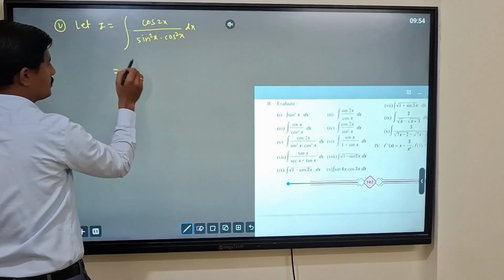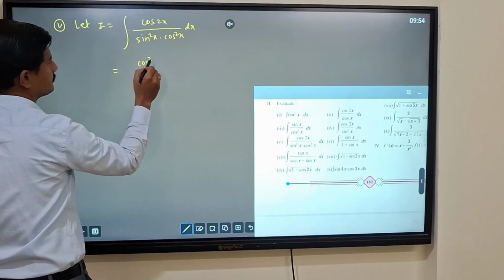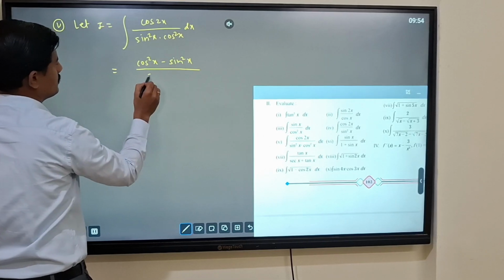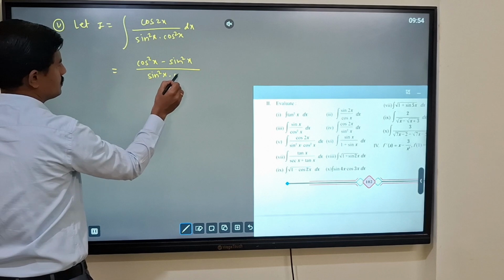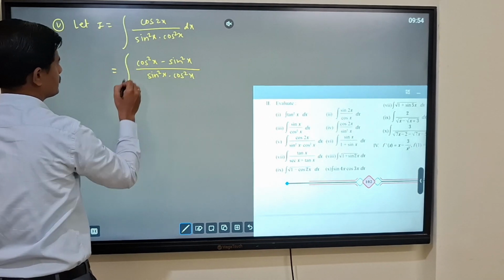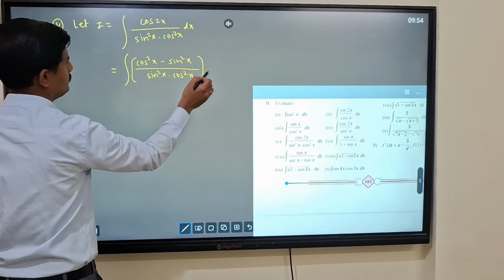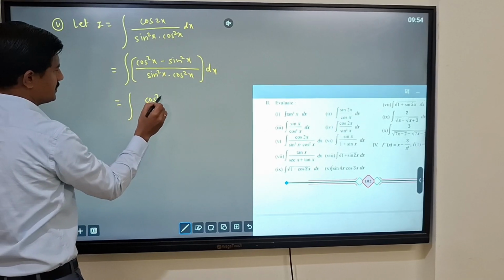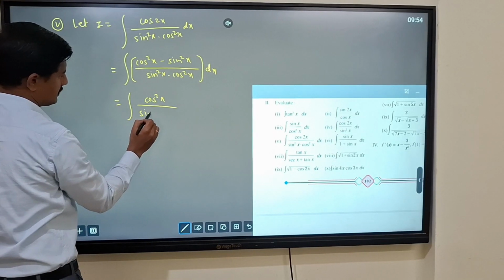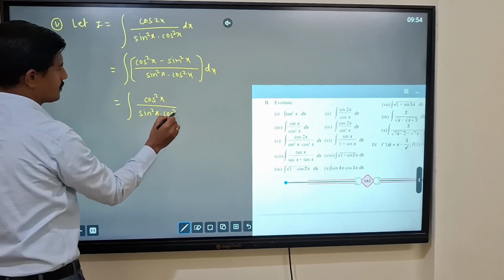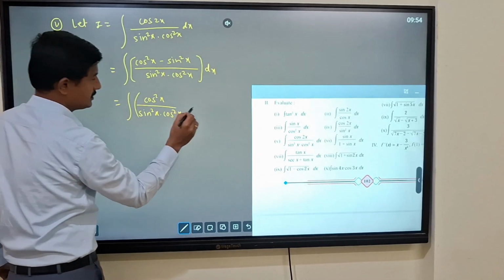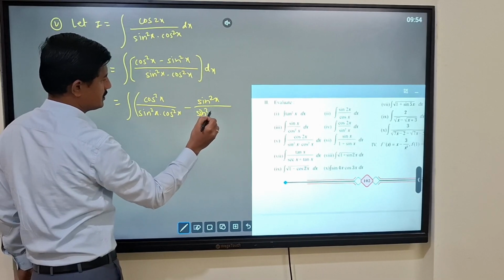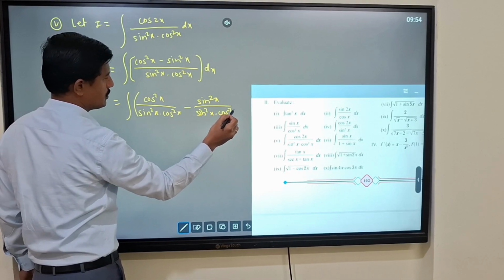Here we use the formula cos 2x is cos square x minus sin square x upon sin square x into cos square x dx. So this becomes integration of cos square x upon sin square x into cos square x minus sin square x upon sin square x into cos square x dx.